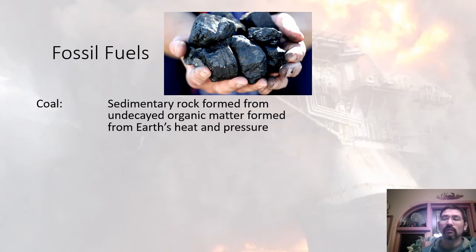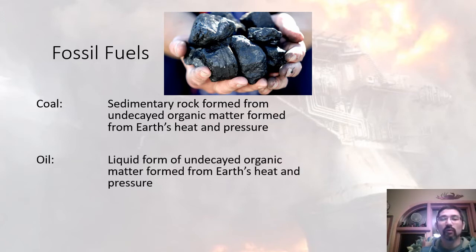There's also another type of coal called bituminous coal. I'm not sure if I'm pronouncing that correctly, but it's a more common form of coal. It's a little bit oily, a little bit greasy, it hasn't been compressed as much, and it doesn't burn as clean as anthracite coal. However, it is much more abundant than anthracite coal.